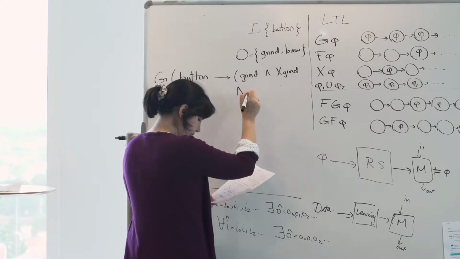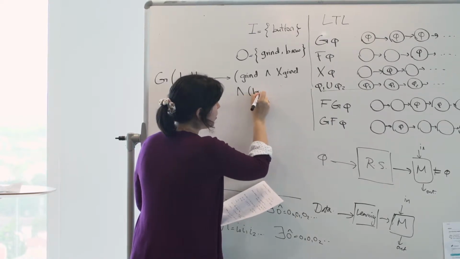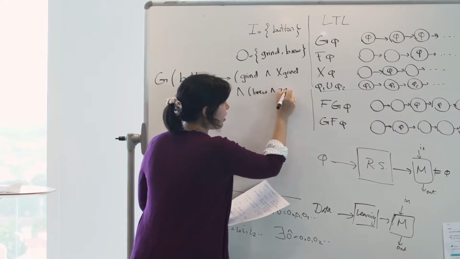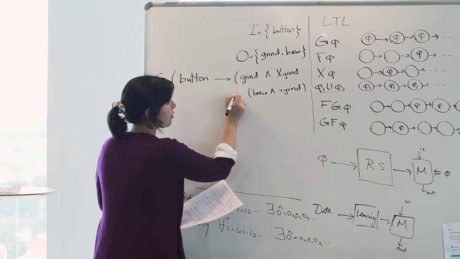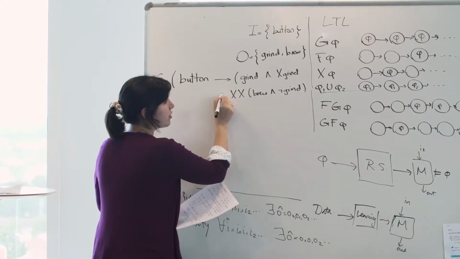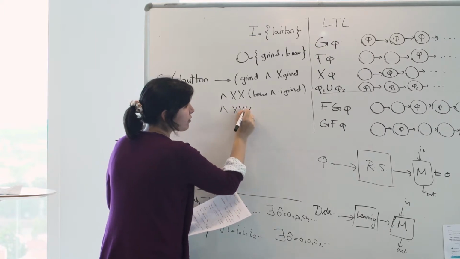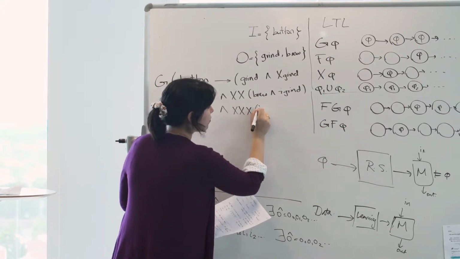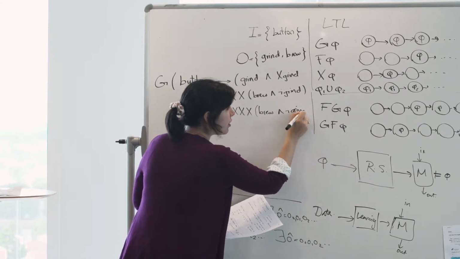And then in the time step after that, it's going to brew, and it's done grinding, so it's not grinding. I'm going to use X to talk about the next time step. And then after that, it's brewing for 2 cycles, so it's also brewing and not grinding.